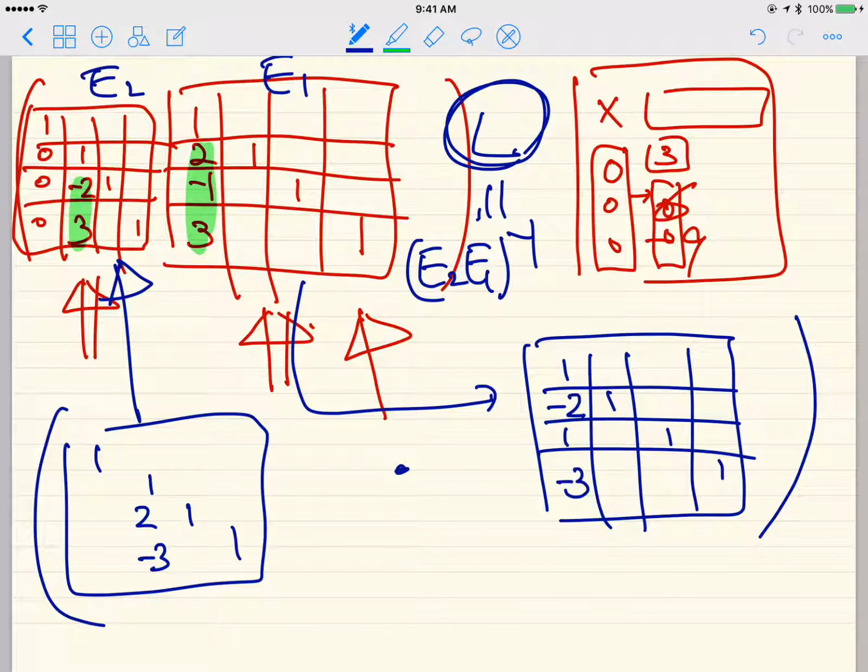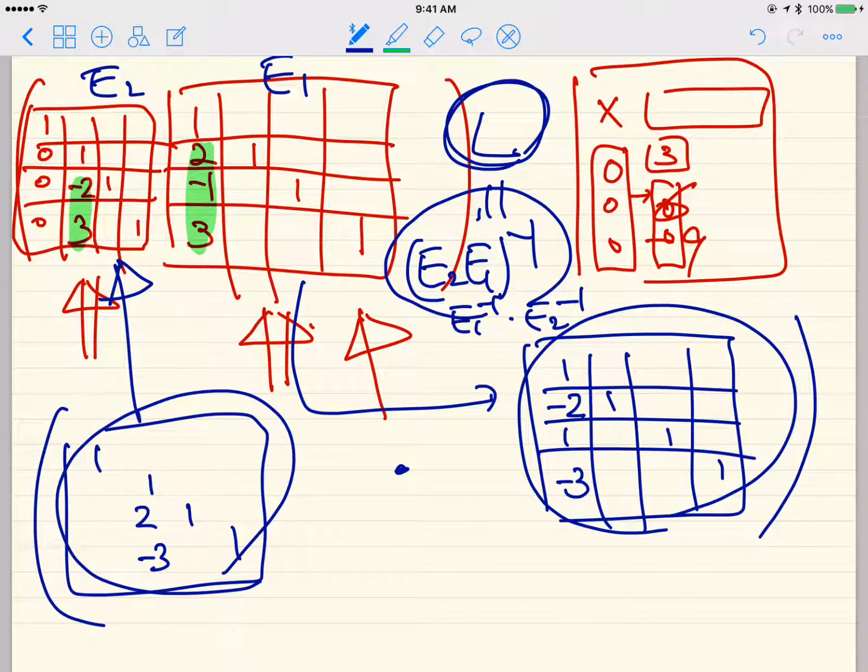All together, it's E1 inverse times E2 inverse, so this guy times this guy, so the order should be switched. But the resulting matrix is nothing but just merging all these non-zero entries into a single matrix. We just simply bring this guy here and this guy here.